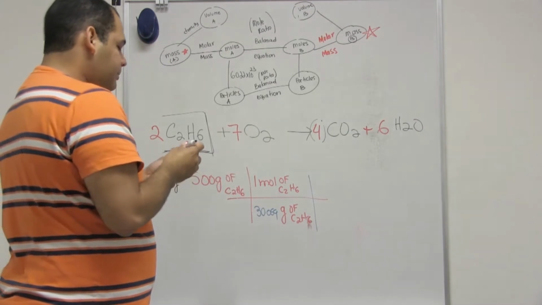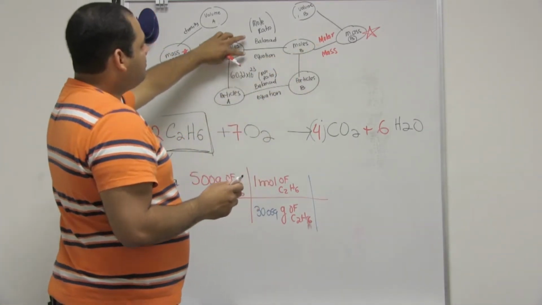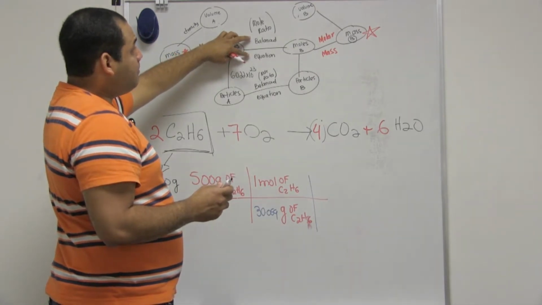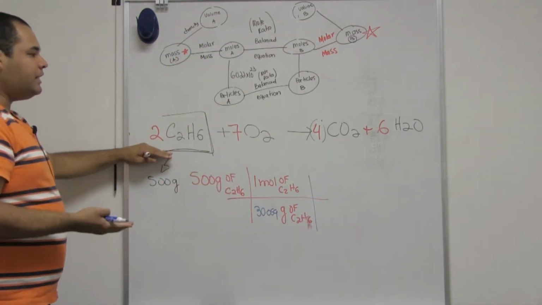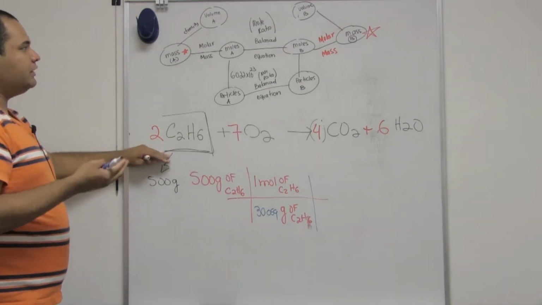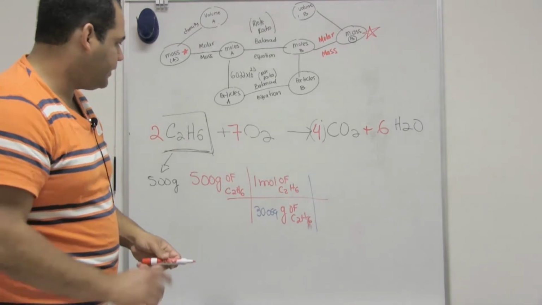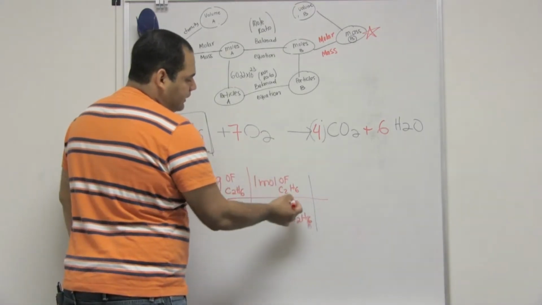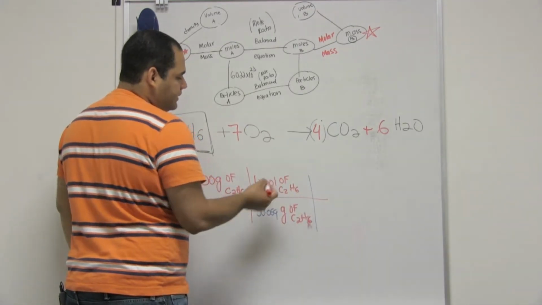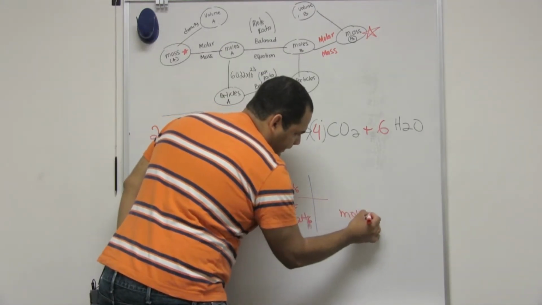The next step, I need to find the moles of B. In order to find the moles of B, I use the balanced equation that I balanced before, and this is why I need to balance before I just start the question, and use the mole ratio. So in this case, moles of C2H6 goes in the bottom because I can cancel them out.